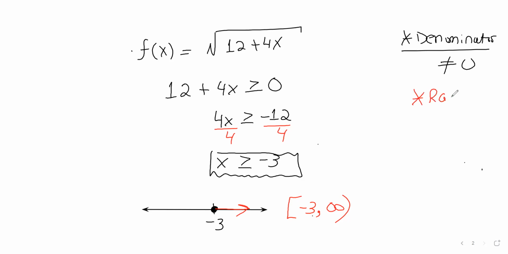Again, if it's a radical, it does contain an equal sign. Because this contains an equal sign, we're using a filled in circle, a solid point here, instead of an open circle. And yes, the open circle meant we had a parenthesis, whereas the filled in dot means we have a bracket.